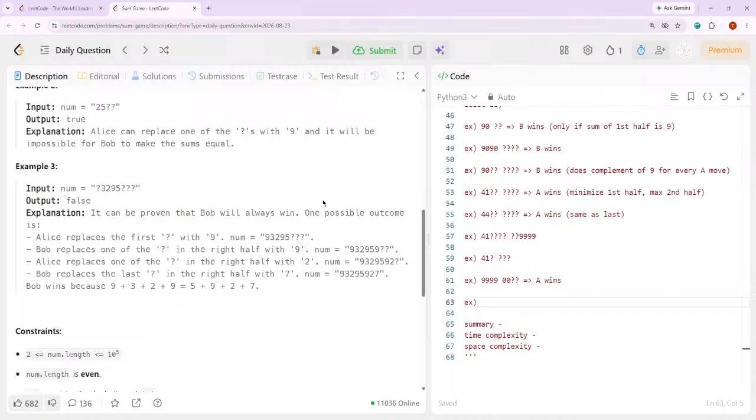So it's 9 and a question mark in the first half versus 3 question marks in the second half.